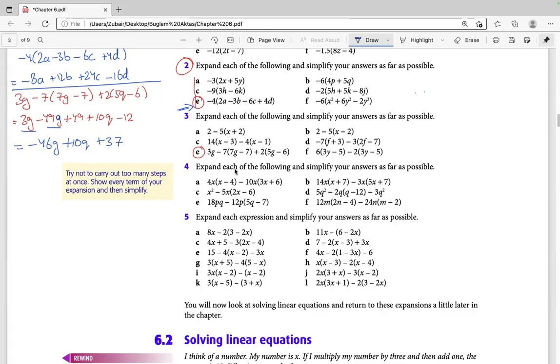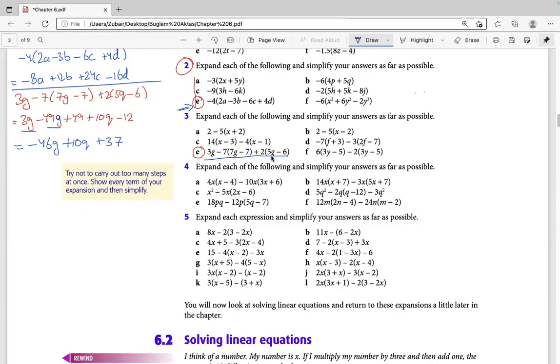I'm getting a different answer. Where do you get this 56? Are we doing the same question? Okay, E, let's confirm it quickly. Yes, 3g minus 7 bracket 7g minus 7 bracket close plus 2 into 5g minus 6.